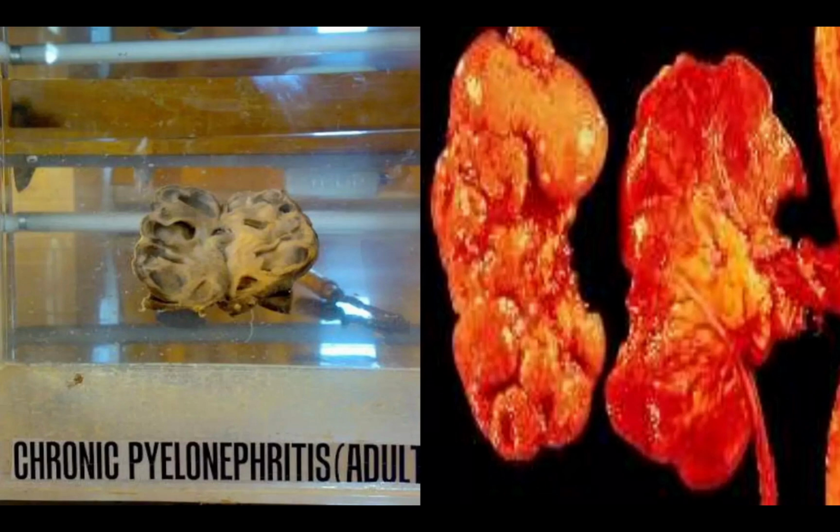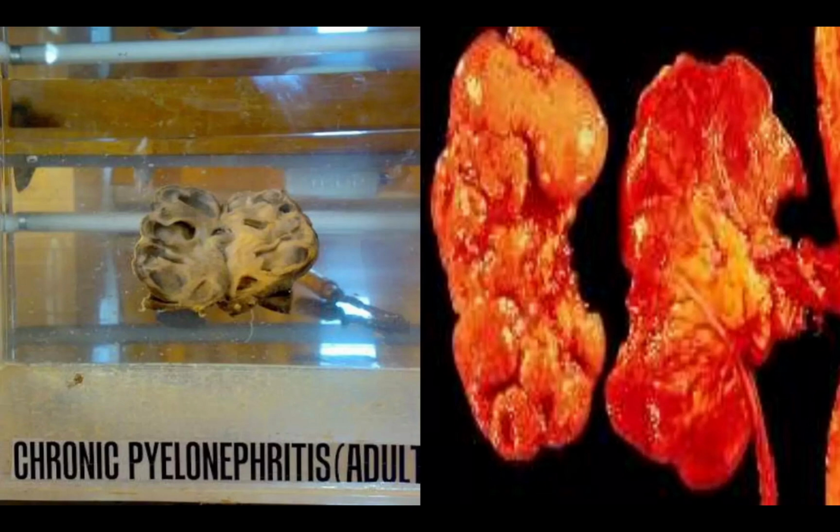This is the gross appearance. You can see the uneven scarring of the kidneys, unlike the symmetrical scarring in the case of chronic glomerulonephritis. In chronic glomerulonephritis, you see the symmetrical; here it is asymmetrical.